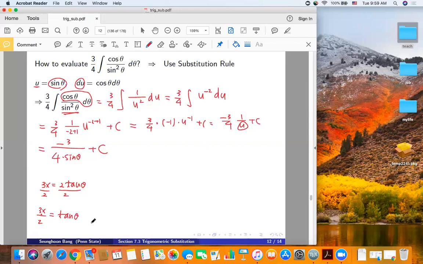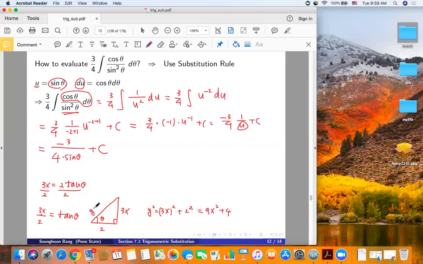You can draw a triangle. 3x over 2 is opposite over adjacent. You can find the hypotenuse y. How can you find it? y squared equals 3x squared plus 2 squared, which is 9x squared plus 4.